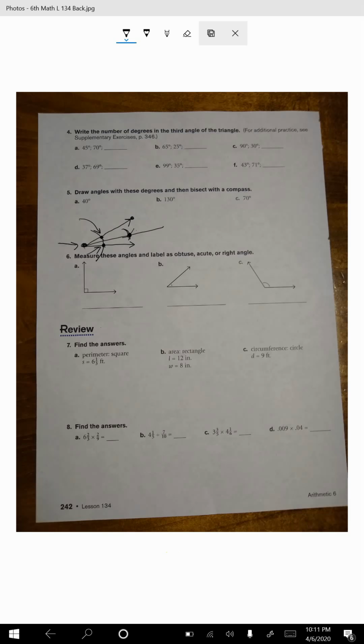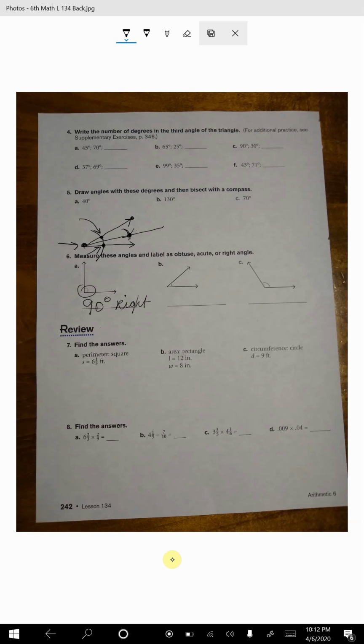Alright, measure these angles and label them as obtuse, acute, or right. I can't really measure them with you, although I do know this one right here is a right angle. So how many degrees is it? Very good, 90 degrees. So we would call that a right angle.